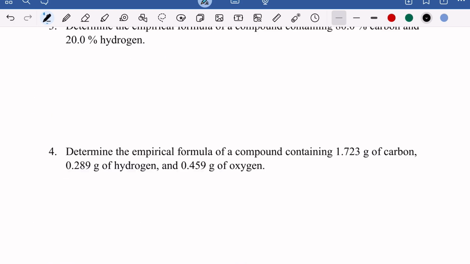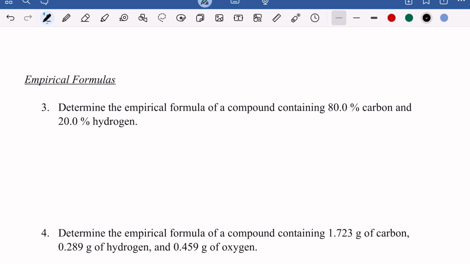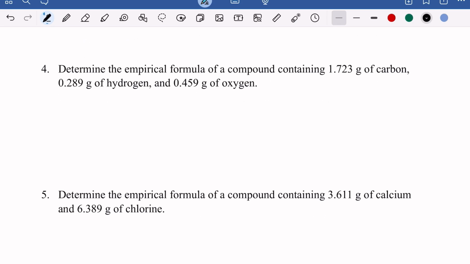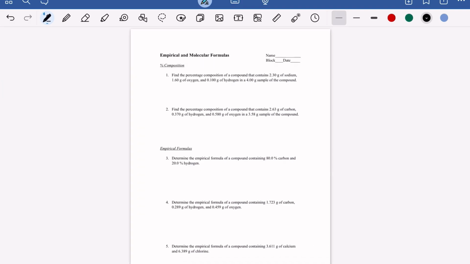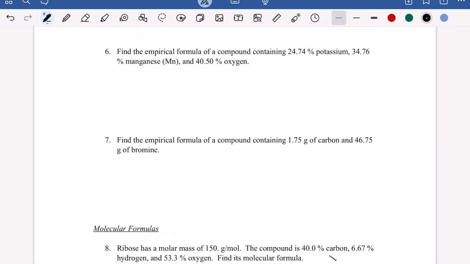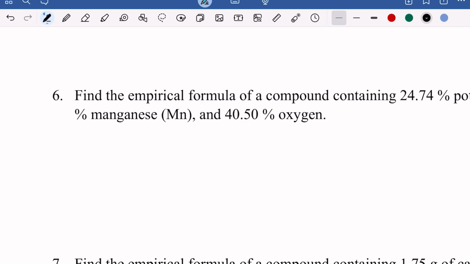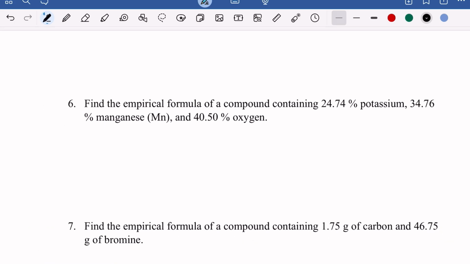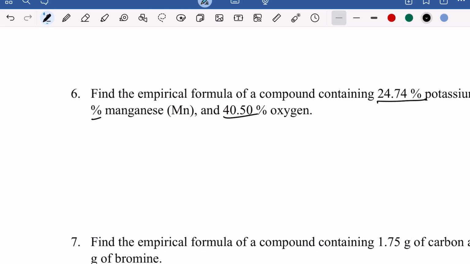Let's look at this one, number 6. First we're going to convert these percentages into grams.